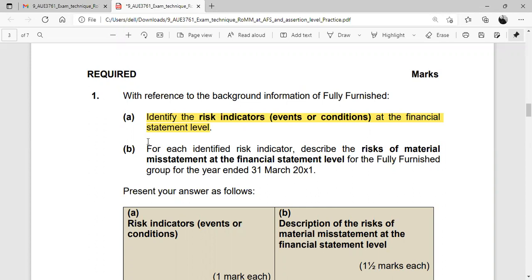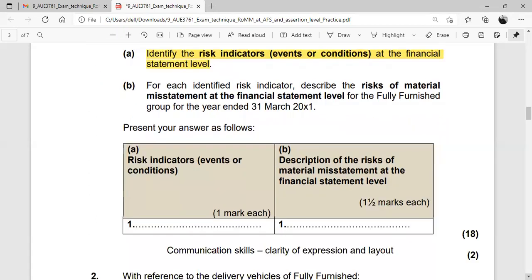And then for each identified risk indicator, describe the risk of material misstatement at financial statement level for the Fully Furnished group for the year ended 31 March 20X1. So this is the format that we are expected to use. You have to answer your question in 2 columns.